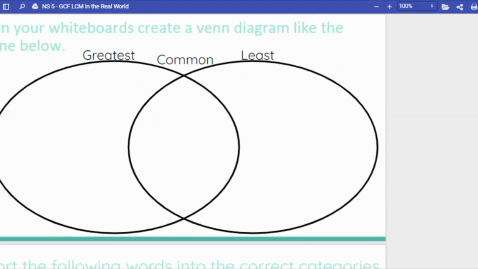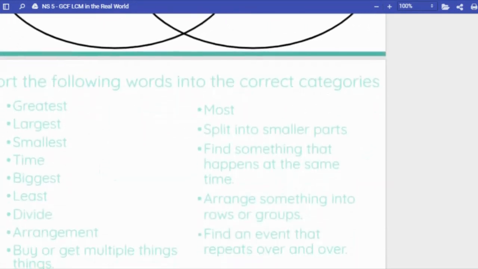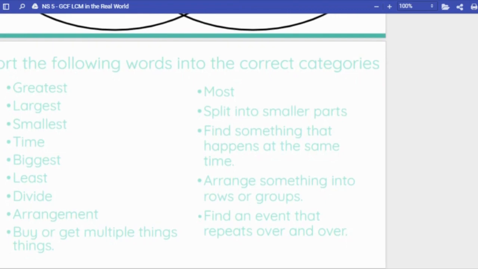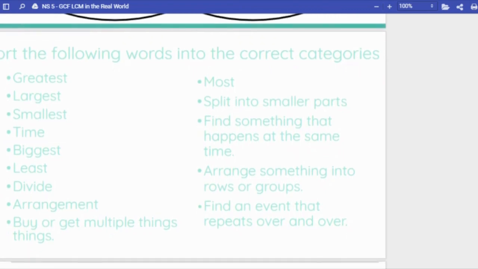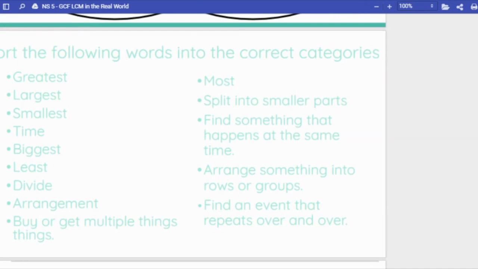In today's lesson, knowing the words that are going to be used and whether they identify with greatest common factor or least common multiple are going to be really important. So you will see on this following slide right here, it says sort the following words into the correct categories. So we're going to be looking at these words. You're going to maybe have to go back and forth a little bit, but we're going to be identifying which one of these best fits into the categories above.